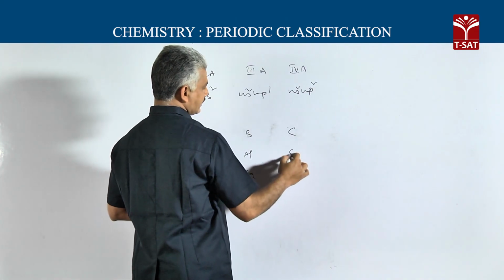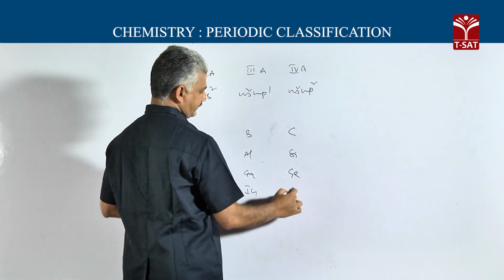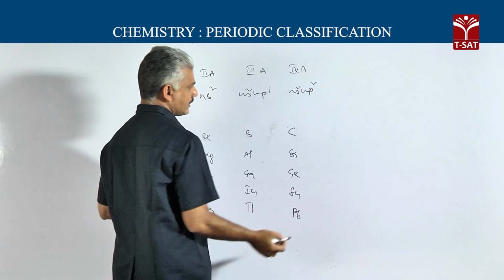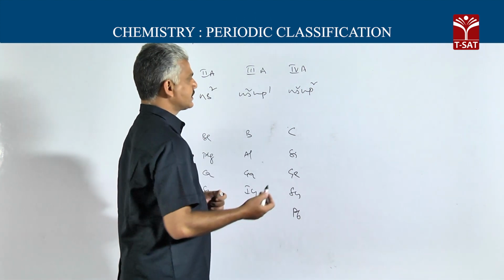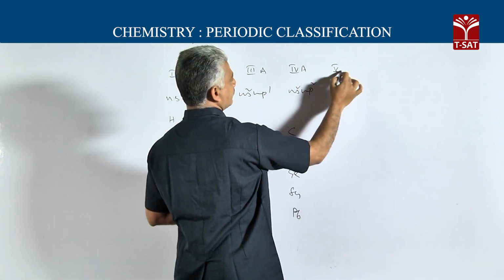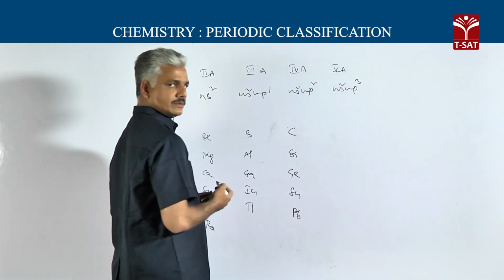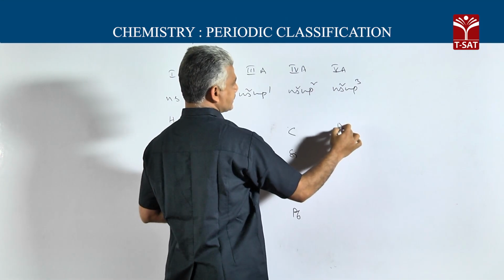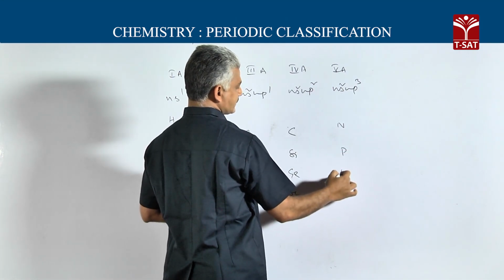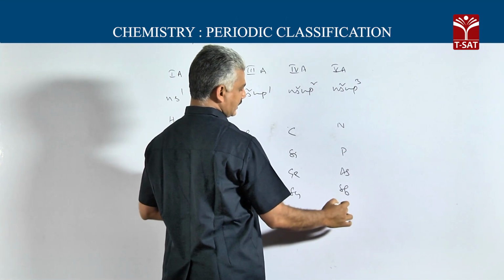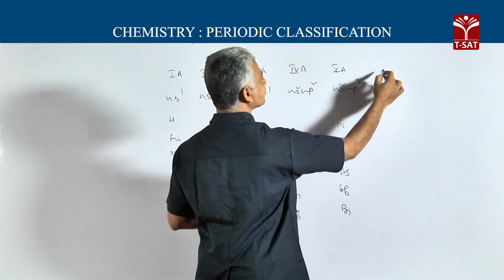Carbon, silicon, germanium, tin and lead are the elements present in this group. In 5th A, the general electronic configuration is ns2 np3. Elements present are nitrogen, phosphorus, arsenic, antimony and bismuth.